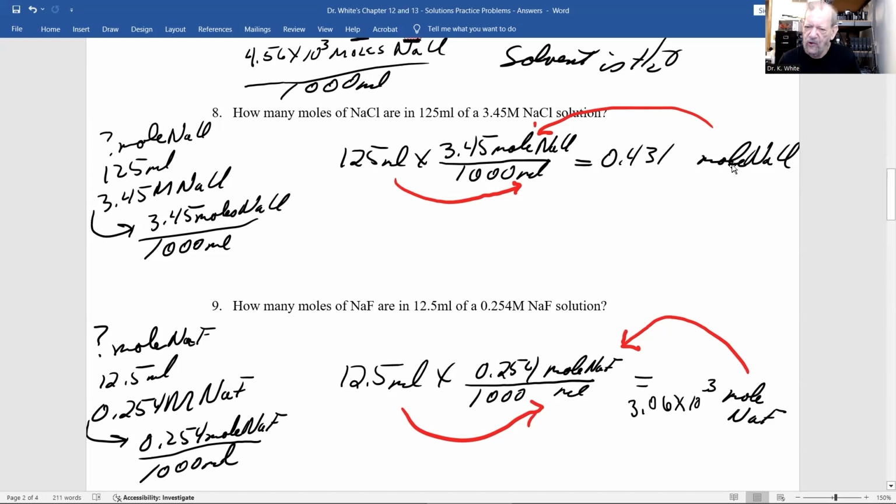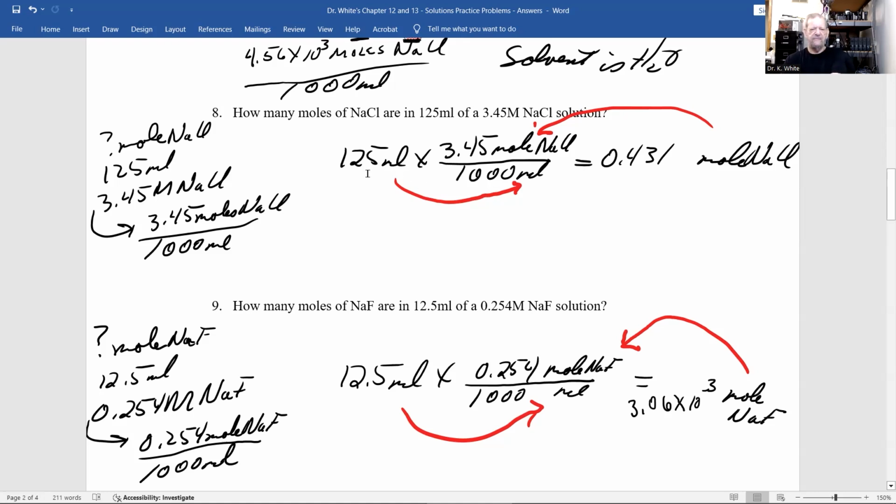So using your good buddy, your good friend, unit analysis, whatever we're trying to get to goes on top of the ratio, moles of NaCl. Whatever we're trying to get rid of goes underneath, milliliters. Where do we get those numbers? Right here from the molarity, what it means. 3.45 moles of NaCl per 1,000 milliliters. Do the math.